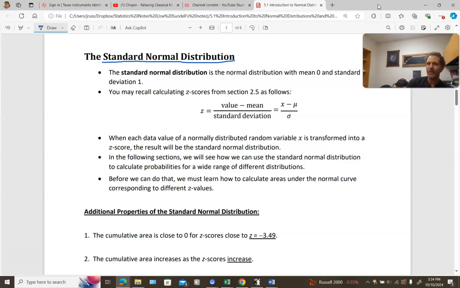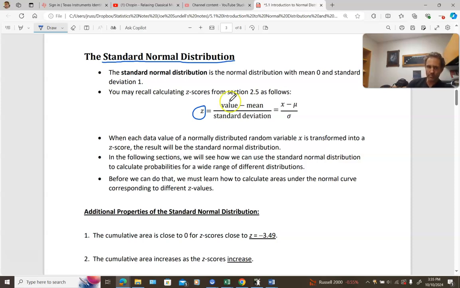But what we can do is we can standardize those distributions by finding their z-scores. If you remember from Chapter 2, Section 2.5, the z-score is basically the number of standard deviations away from the mean that a value is.